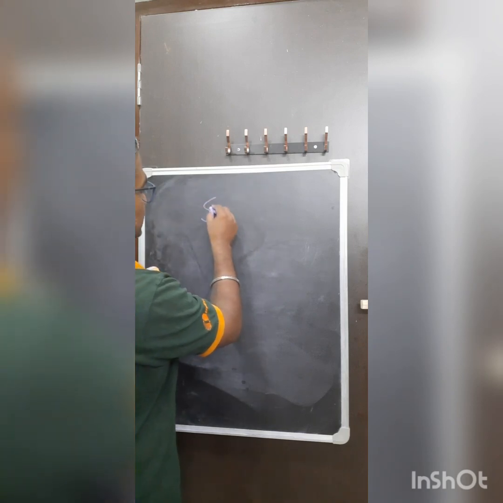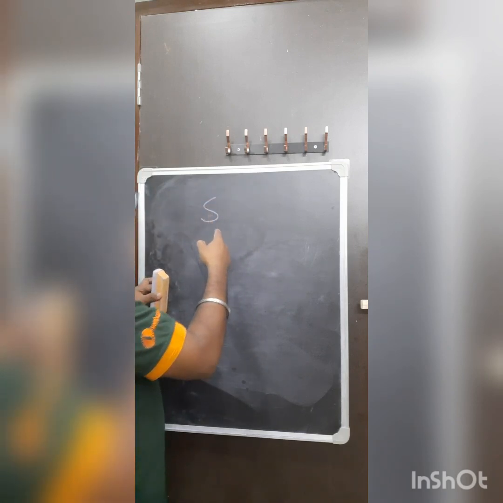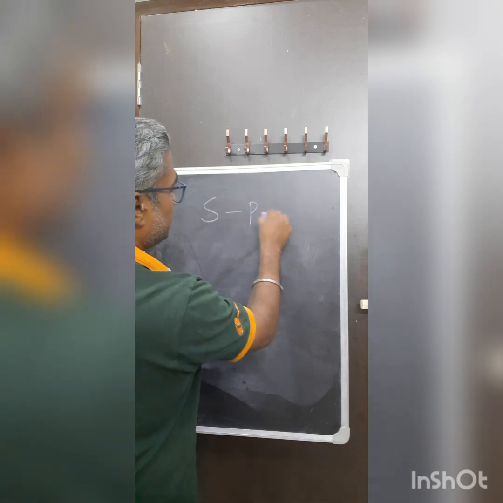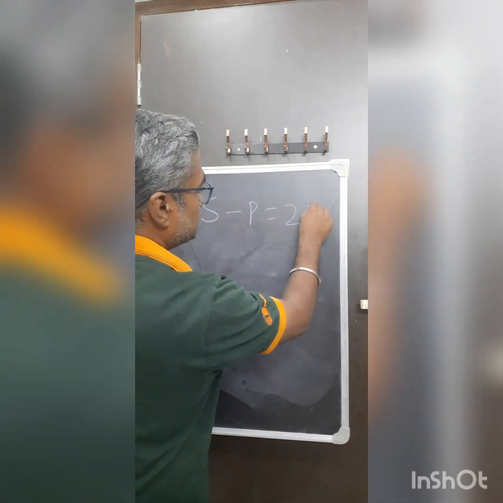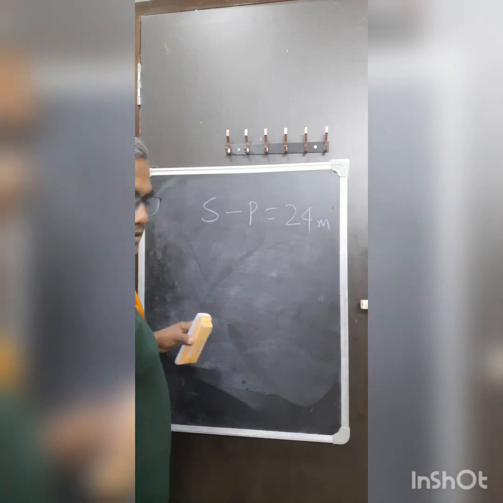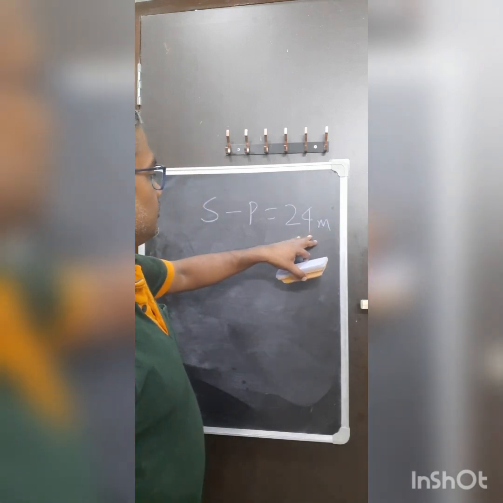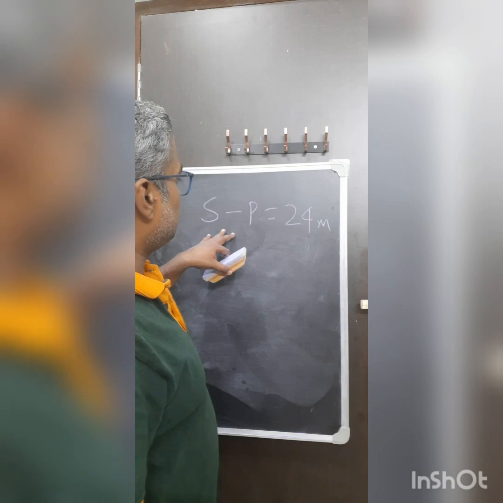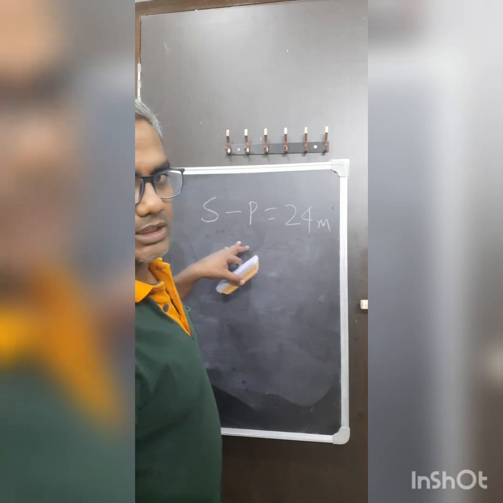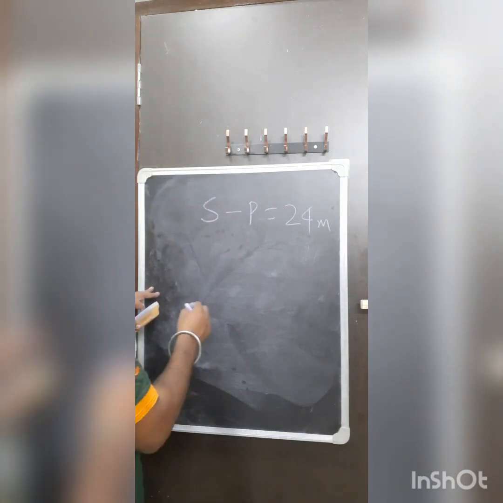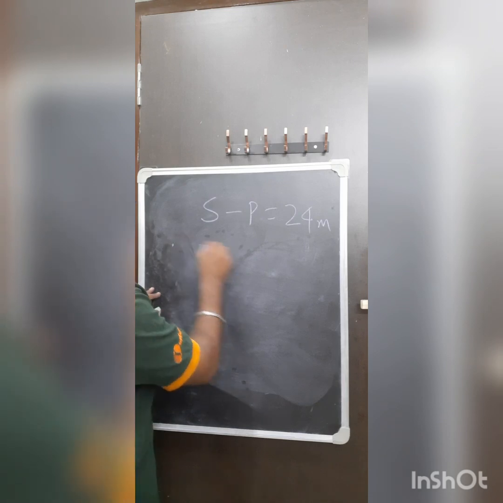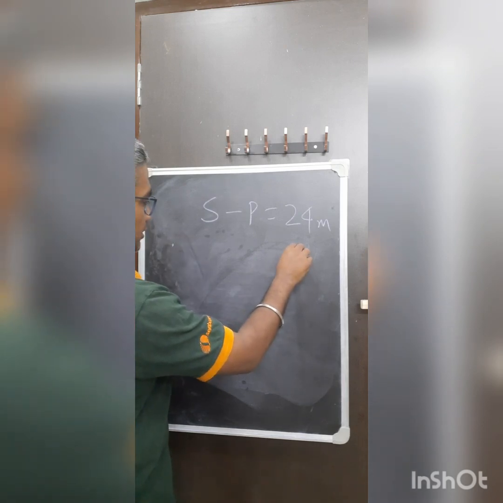If I take the cloth with the Stitchman as S and the cloth with the Pantman as P, the initial difference is 24 meters. But we still don't know how much cloth they individually have. The second condition says they started on the same day and finished on the same day.